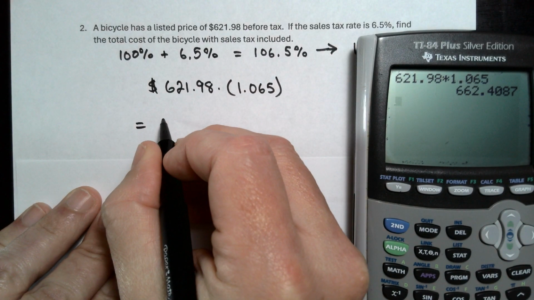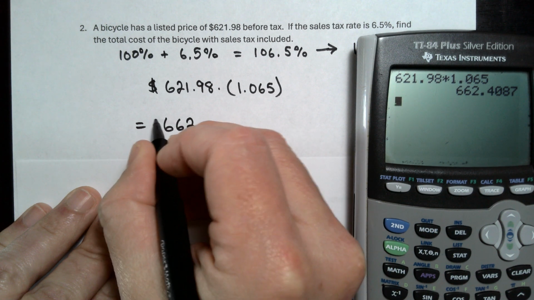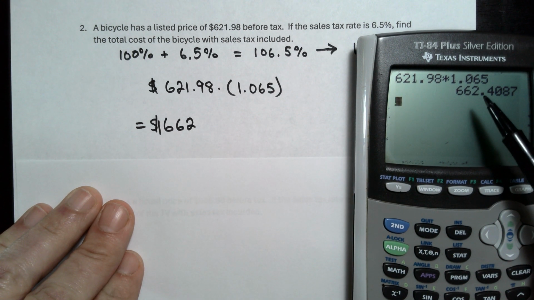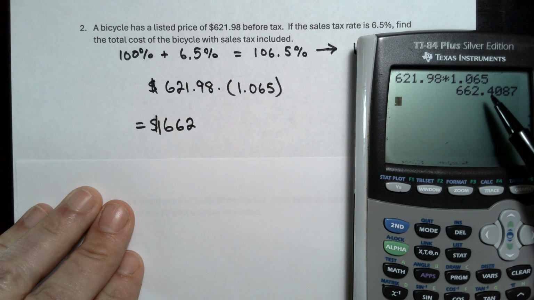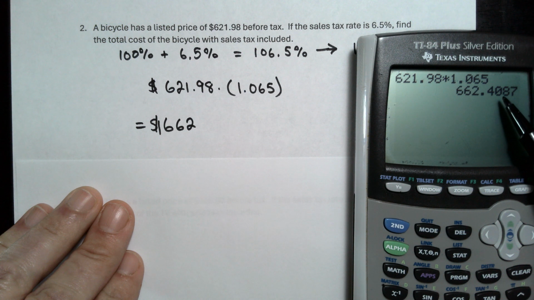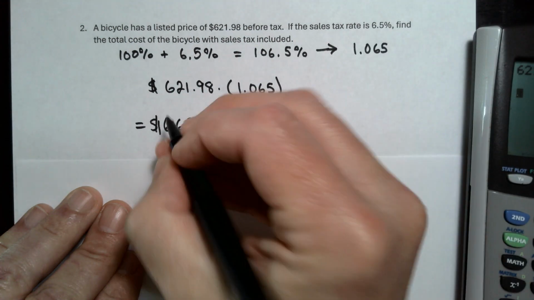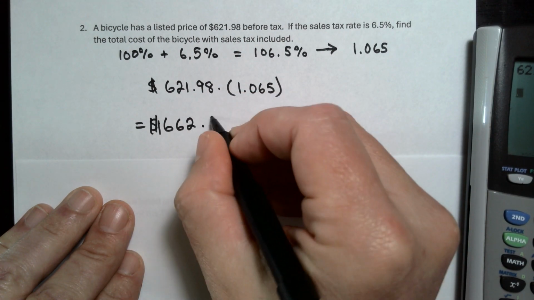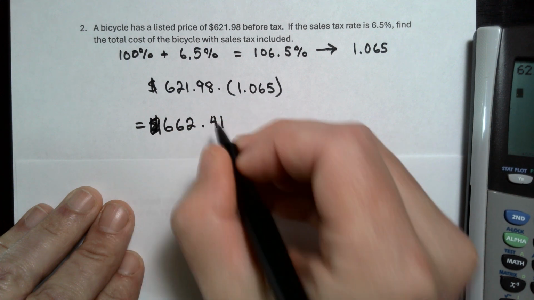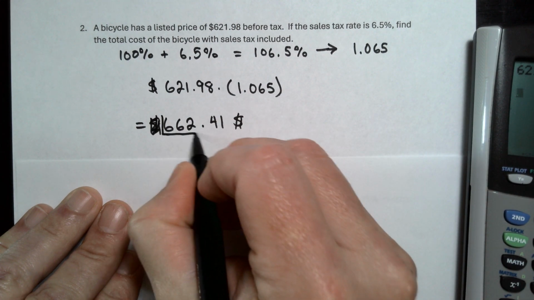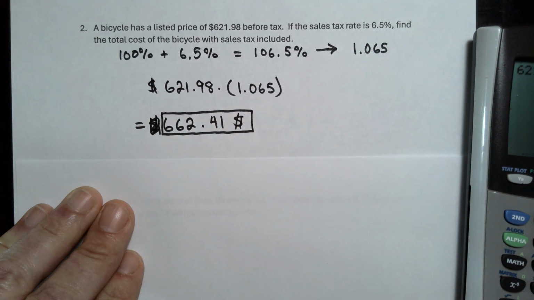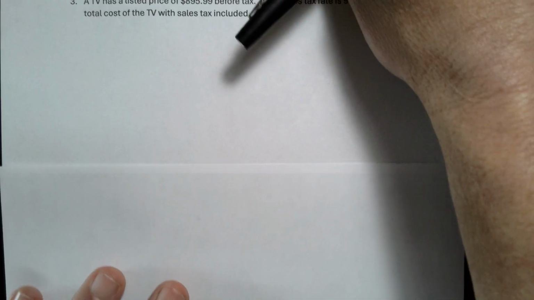That gives me $662.40 and something. We round to the cent, which is this digit right here, and the 8 after it makes the 0 go up by 1, so it's 41 cents. So the answer is $662.41.